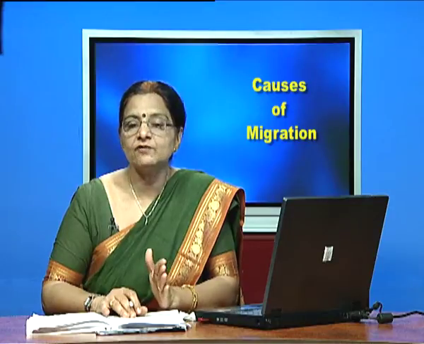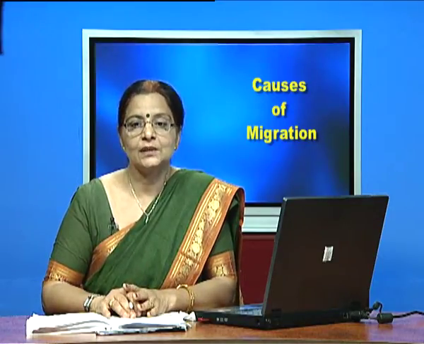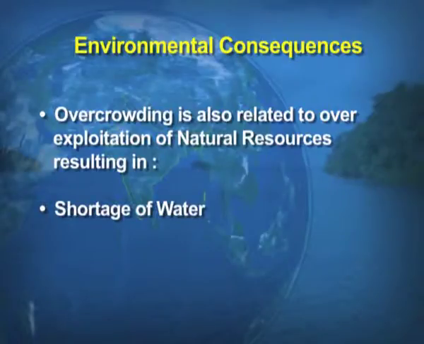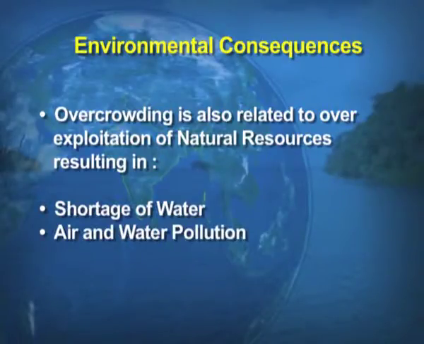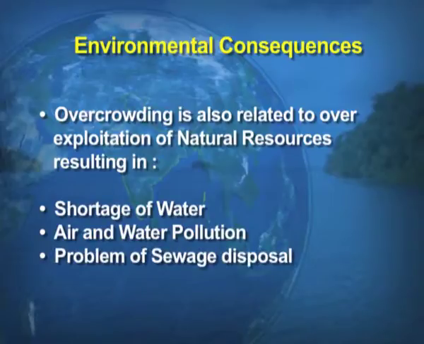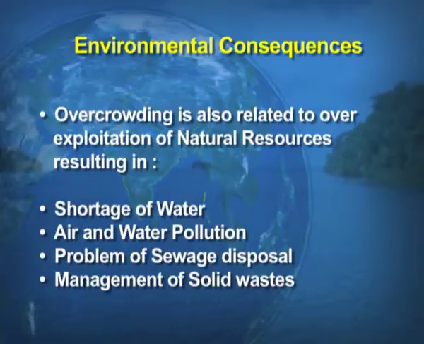So, this over exploitation of the natural resources, children, is a negative impact of the migration in certain areas, because we have to face the shortage of water, air and water pollution is also affected, the problem of sewage disposal also people have to face, and of course, the management of solid waste; this is also one of the exploitation of the natural resources.